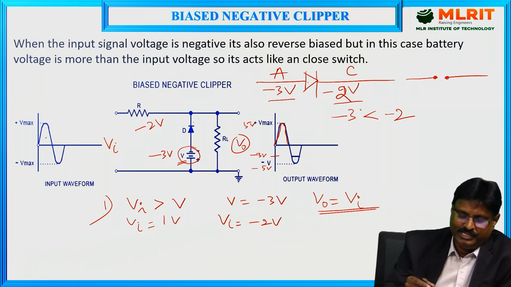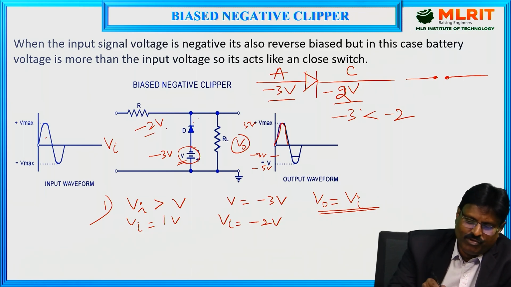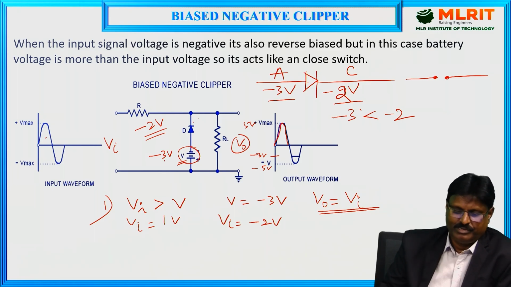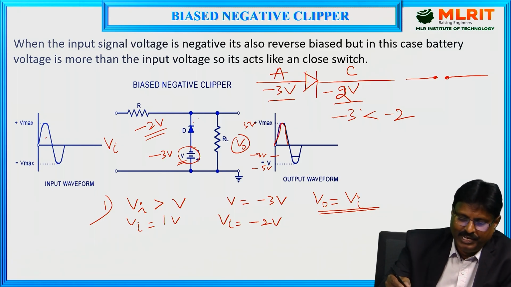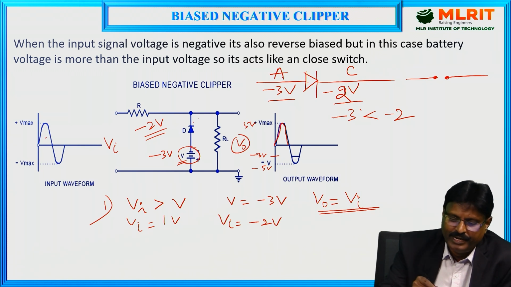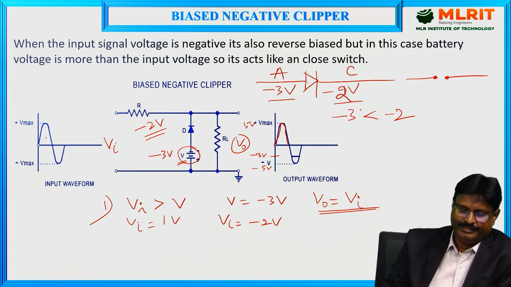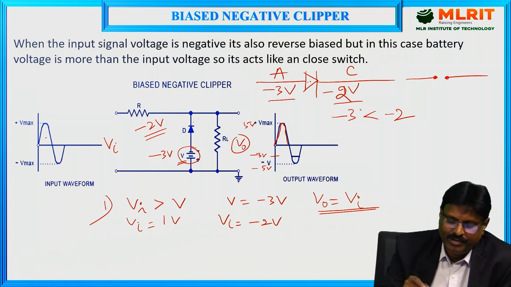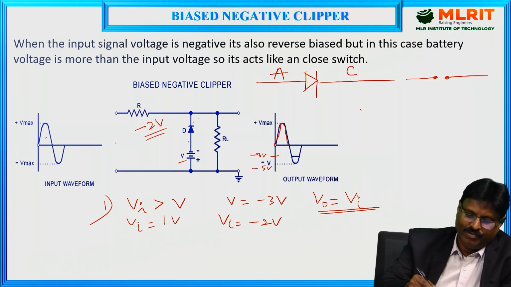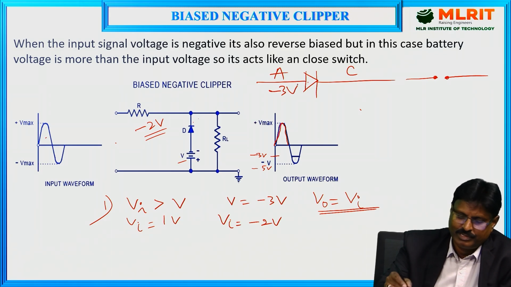Once again, Vi is equal to minus 2 volts and the battery is minus 3 volts. So minus 3 is provided to the anode and minus 2 is provided to the cathode.